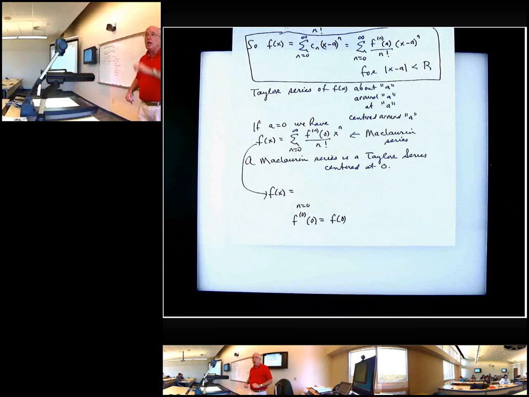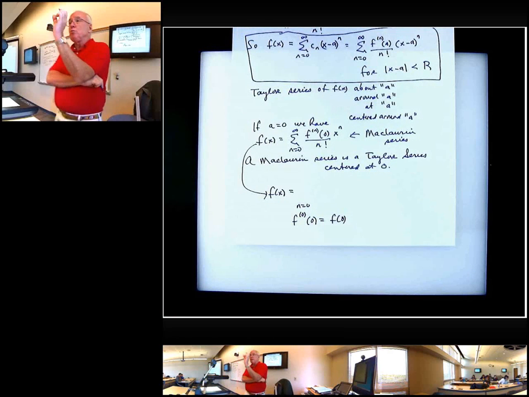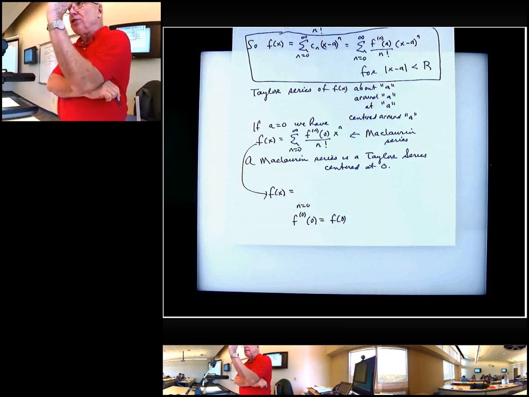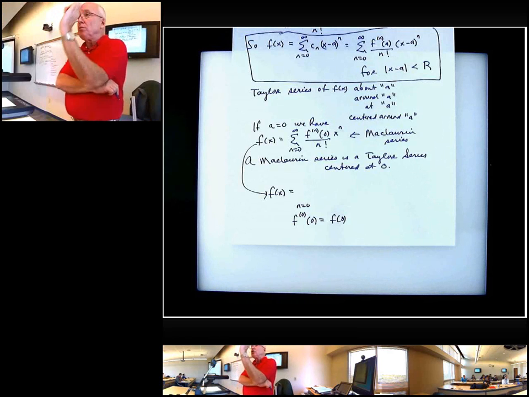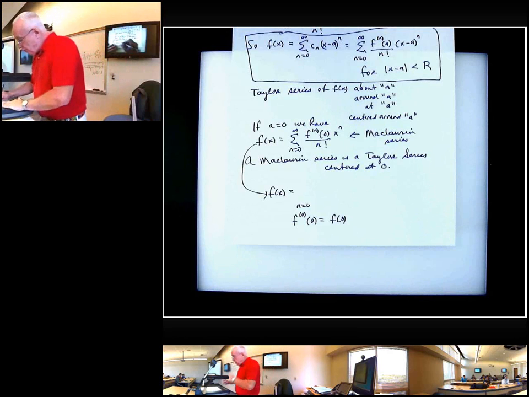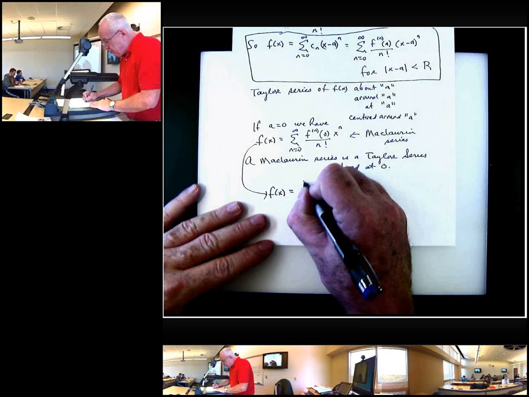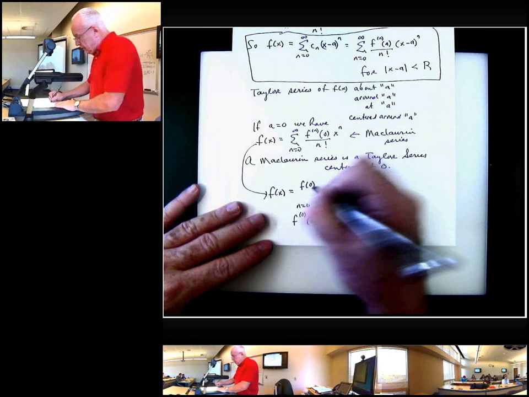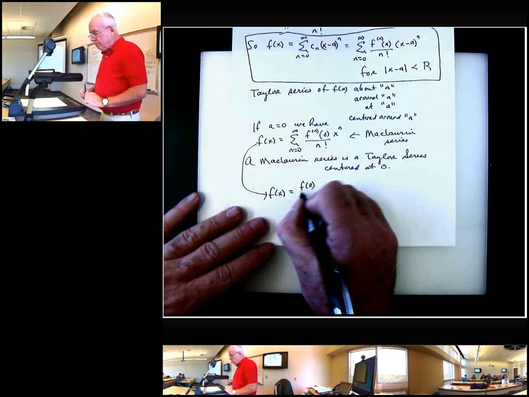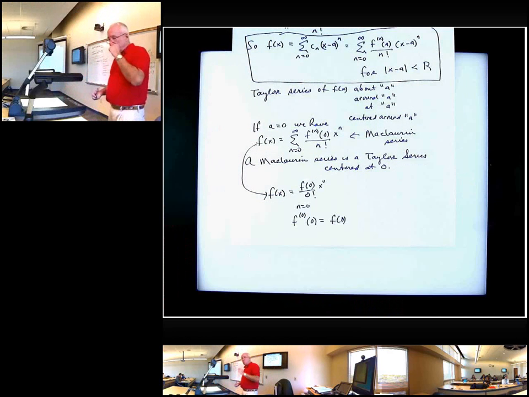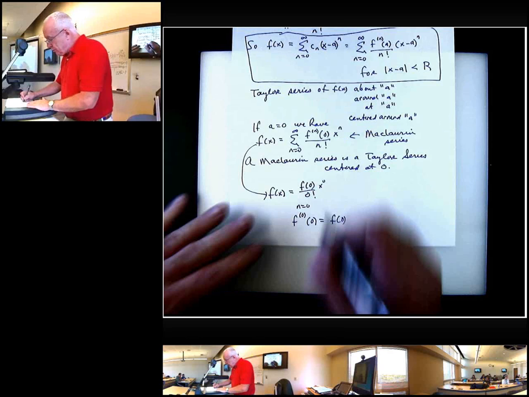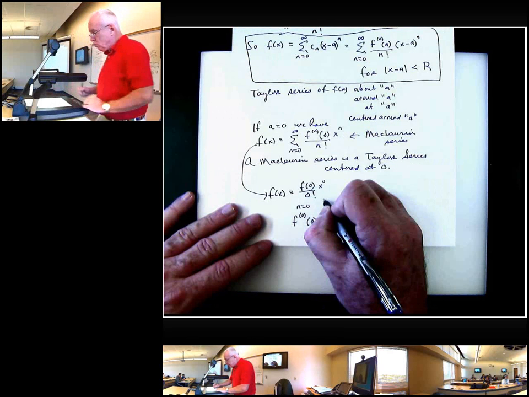That's just a convention we're going to use, because for 0, we're not taking a derivative. It's just the original function. So our first term is f of 0 divided by 0 factorial times x to the 0 power, which is just 1. And 0 factorial is the same as 1.